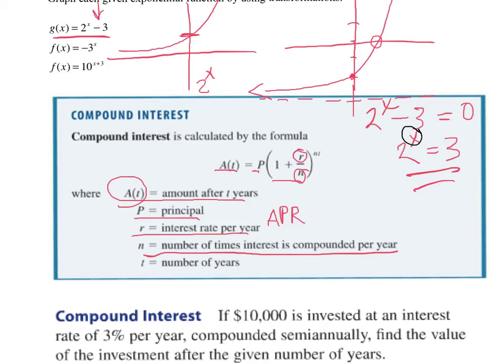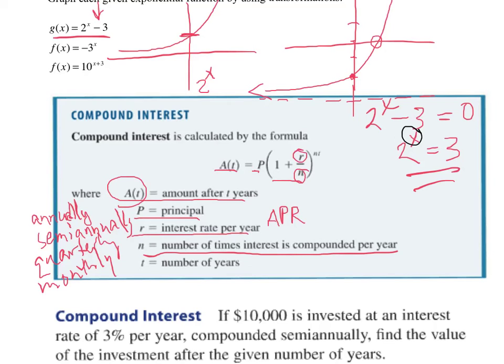So some common compounding periods are annually, so annual compounding, semi-annually, that would be twice per year, and then you can do it quarterly, which would be 4 times per year, and sometimes you can even find monthly compounding.